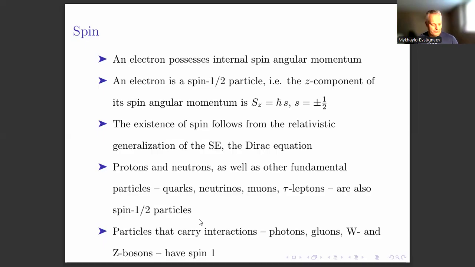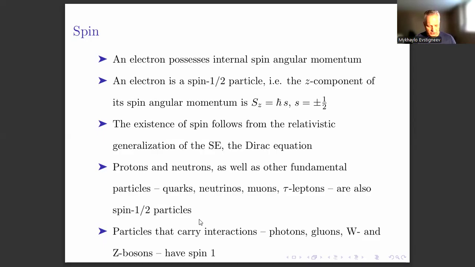And now, actually, the spin quantum number emerges in a very natural way if you try to combine Schrödinger's equation with special relativity, as done by Paul Dirac, the English physicist, who formulated the relativistic version of Schrödinger's equation called the Dirac equation.